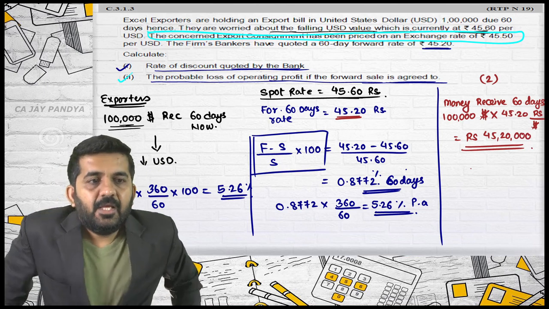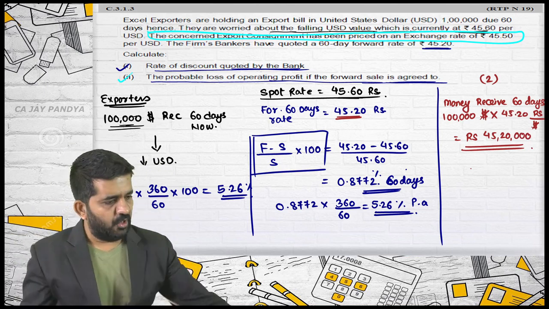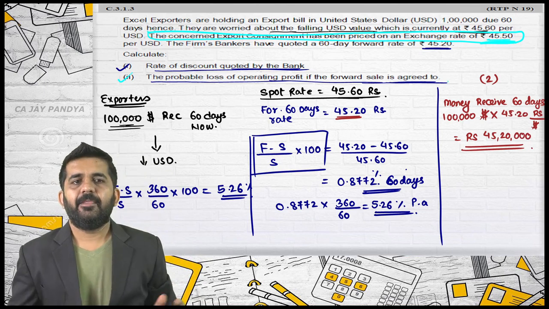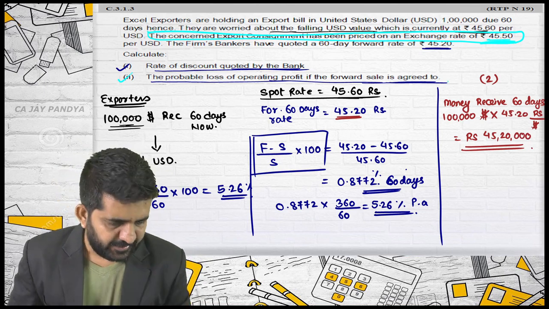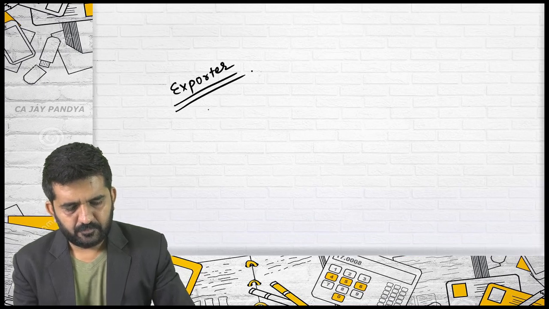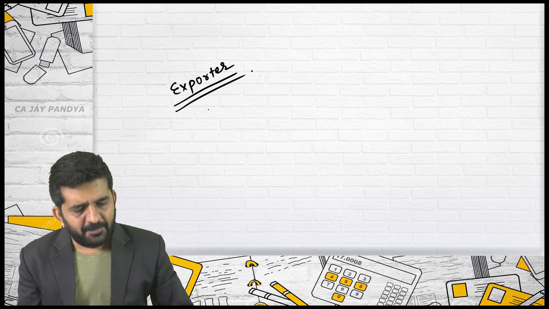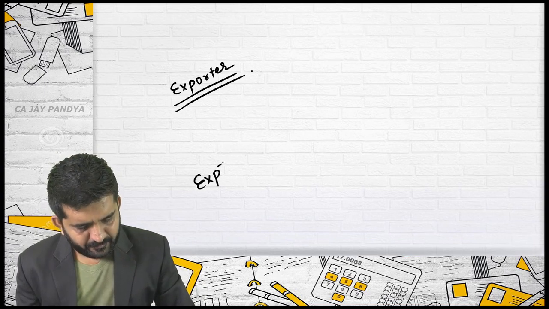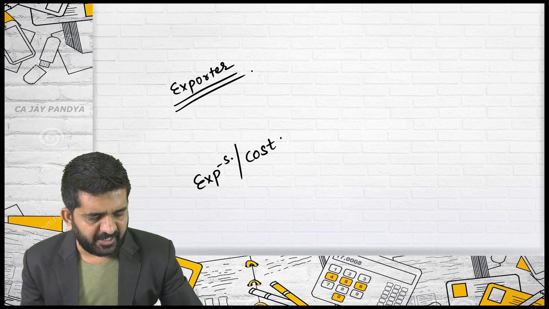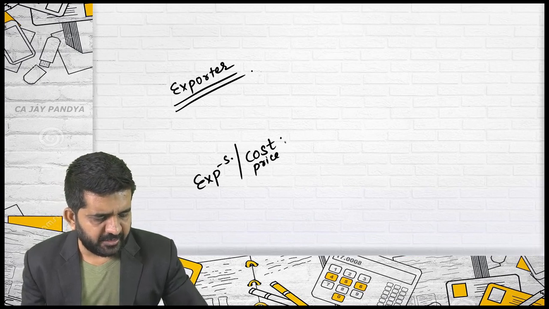Let us go to this rate of 45.50. See what this rate is. If you are an exporter, you will be having expenses, and as you are having expenses, you will be finding out the cost price of your product.